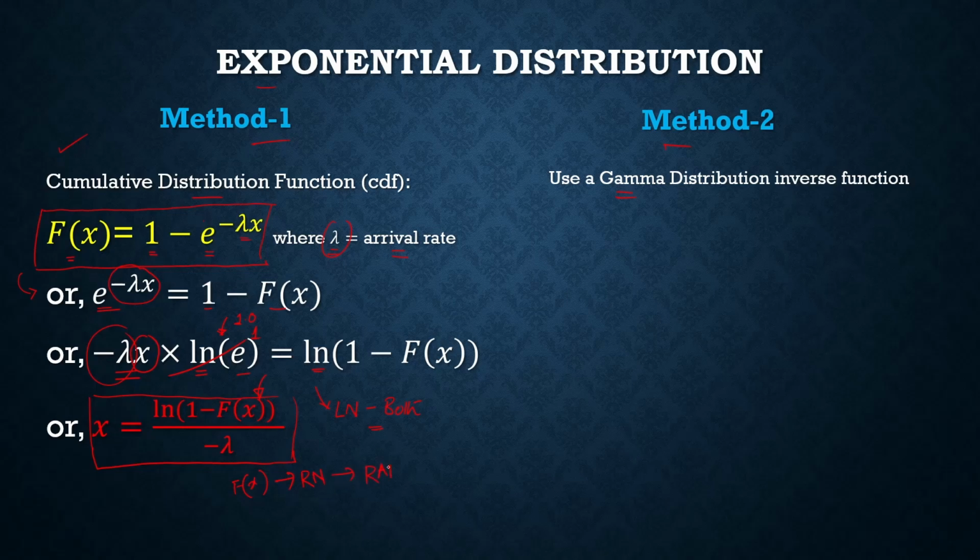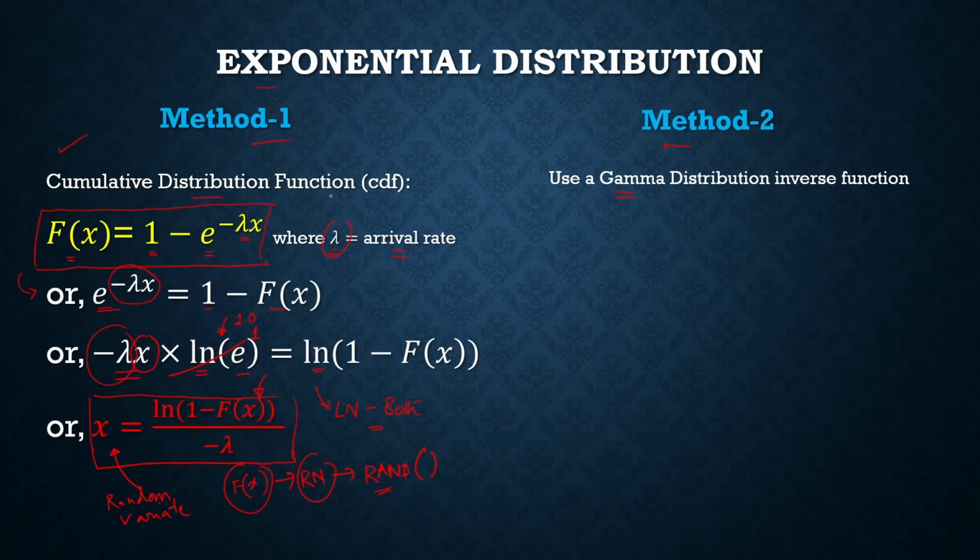Using the rand function in Excel, we get a value of fx, and based on that we calculate the value of x, which is the random variate. The definitions of random variate, random number, fx, all these things have been discussed in the first episode of this series. If you have not watched that video, please go and watch it, and then come back here again.